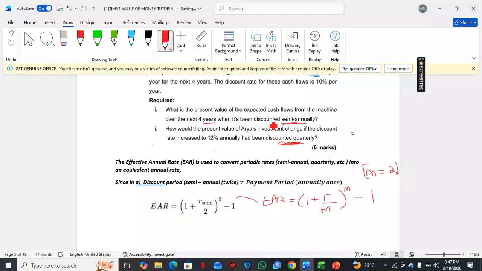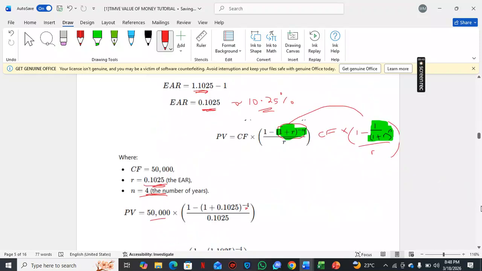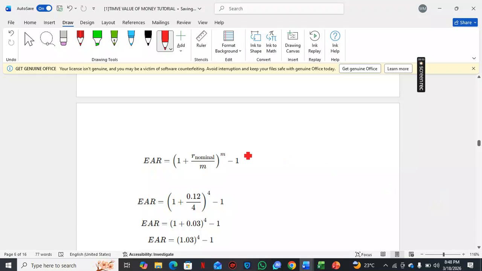This one was discounted semi-annually, twice. Now it is discounted quarterly, 4 times. So even with part 2, we need to make the discount period equal the payment period, because the payment period is after a year. So we have to make the discount period annual, changing it from quarterly to annually. So again, we use the effective annual interest rate.